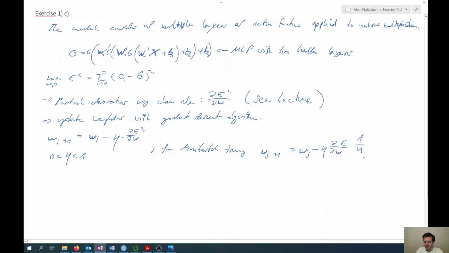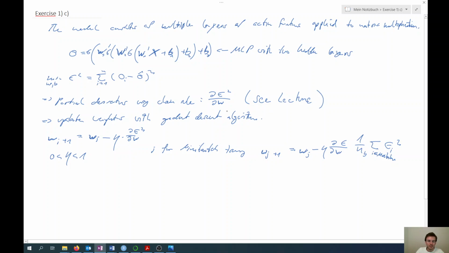Then we use the average of the errors. So instead of the error from one observation, we do this for the errors of all the observations in the batch, so the average error over the batch.